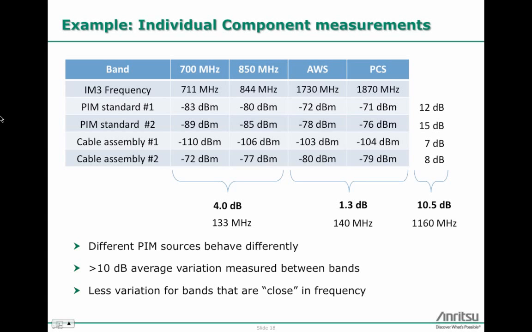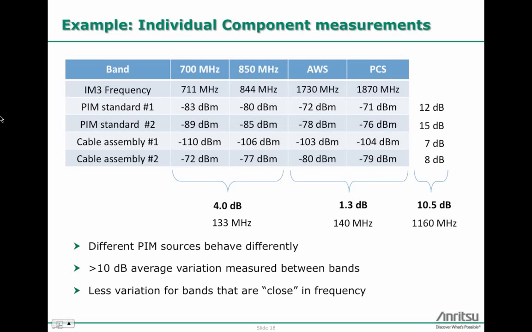So unfortunately, there's no specific way to say that a particular frequency is always going to be worse than another one. Now, it is interesting to look at the difference between measuring at 700 megahertz and 850 and comparing it to the difference at PCS and AWS. You'll notice that the variation across, in this case, 133 to 140 megahertz is much less than the variation that you're seeing across over 1,000 megahertz.